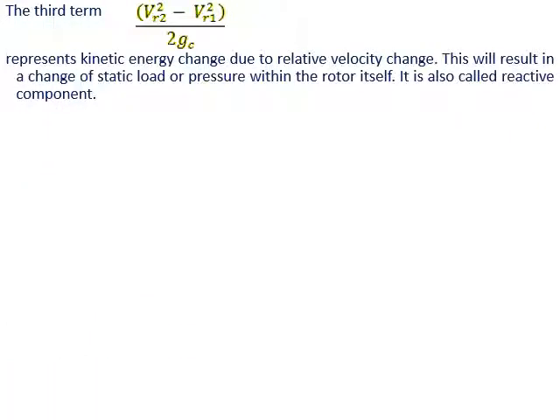The third term represents the kinetic energy change, that is Vr2 square minus Vr1 square by 2 Gc. That is related to relative velocity change. This will result in a change of static head or pressure within the rotor itself, so it is also called the reactive component.